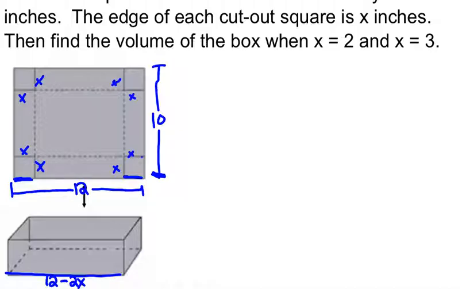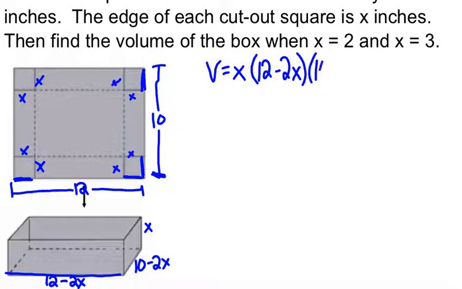It's no longer just 10 because we took 10 and cut out x and x. So our width is 10 minus 2x. And when we fold it all up, the height of our box is x. The volume is going to be length times width times height. So x times 12 minus 2x times 10 minus 2x.